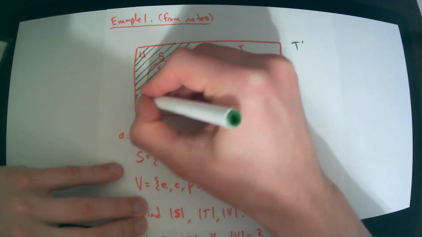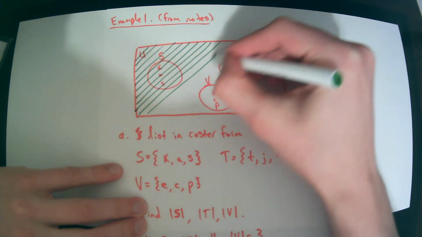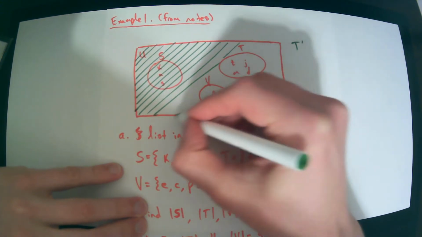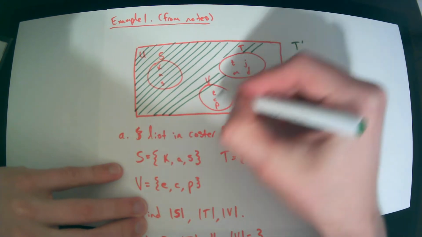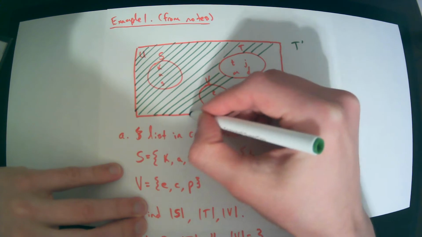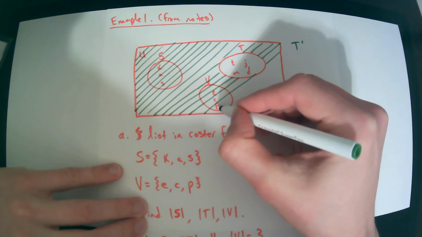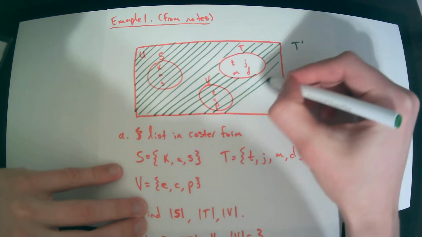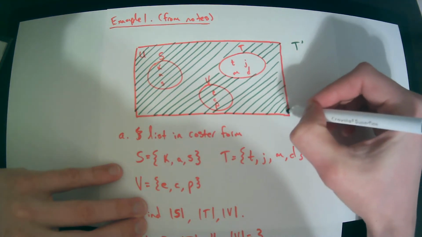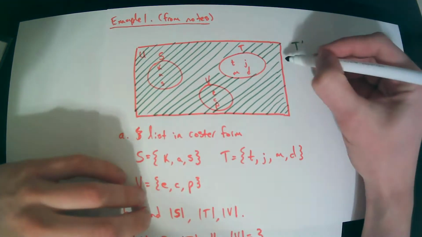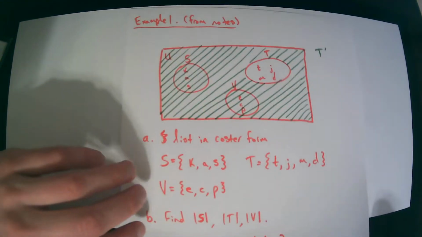Including K, A, S, right? Including that set. Including the V set. I'm going to try and make sure. Okay, the lines are not as nice now. That's okay. The point is, I'm excluding T. I'm shading in what is inside of this set, the T complement set.